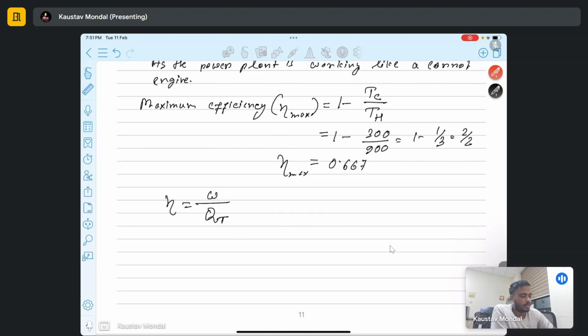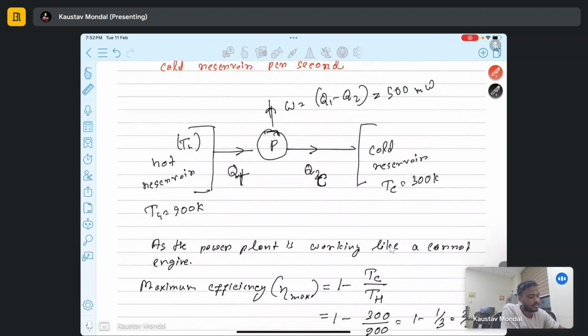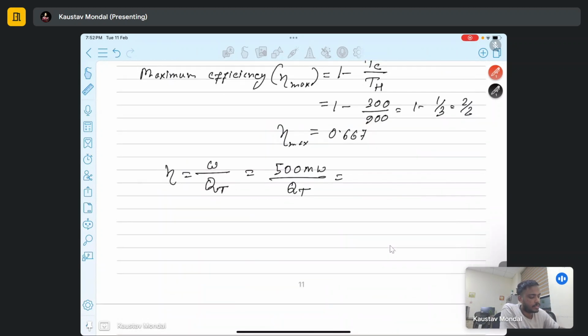Work done is already 500 megawatt, and QH, let's write it QH, for hot, you have to calculate. So QH would be 500 by 0.667, which is 750 megawatt.